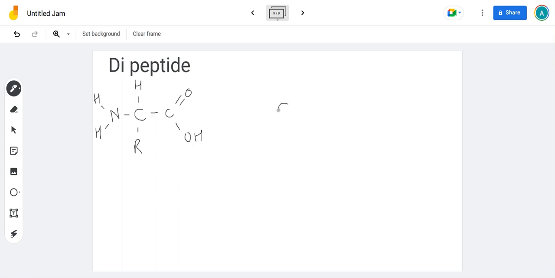And let's draw another one. So it's carbon in the middle, hydrogen above, R group below, NH2 on this side, C double bond to the O, OH on this side.